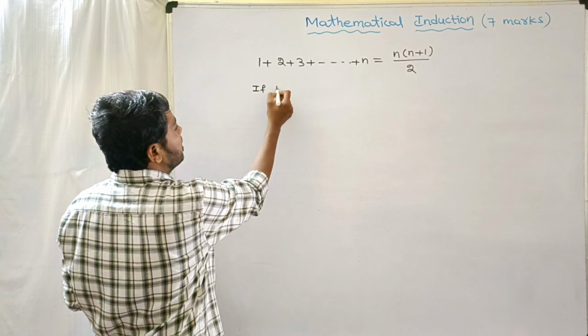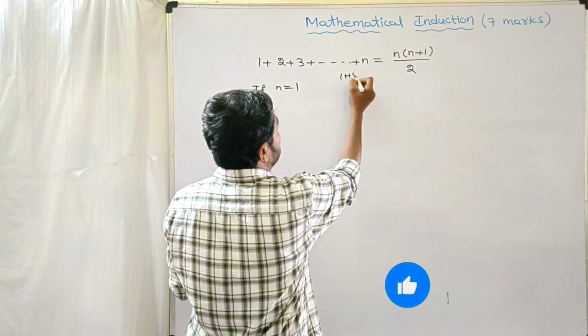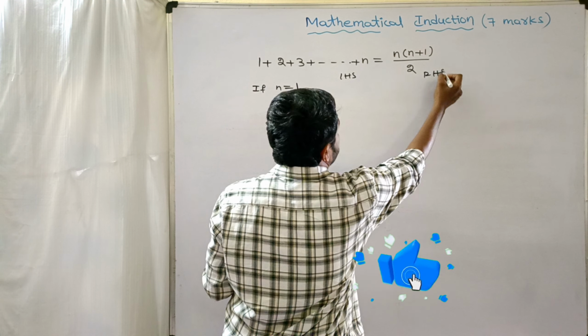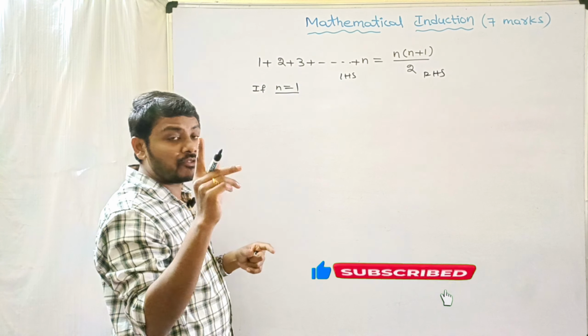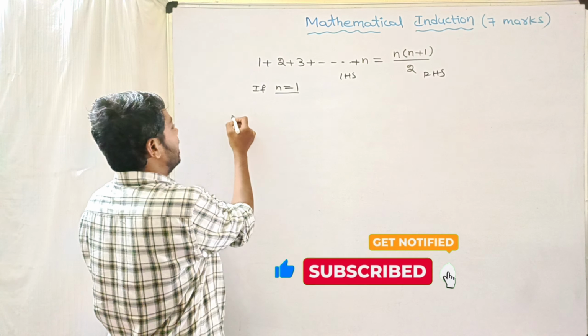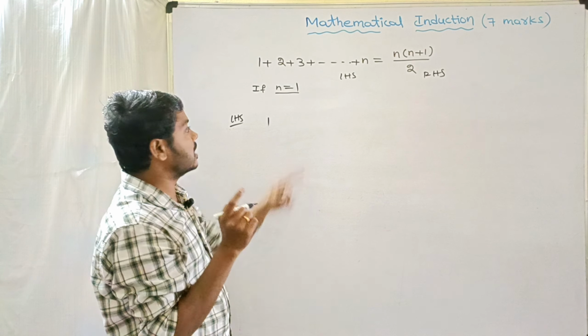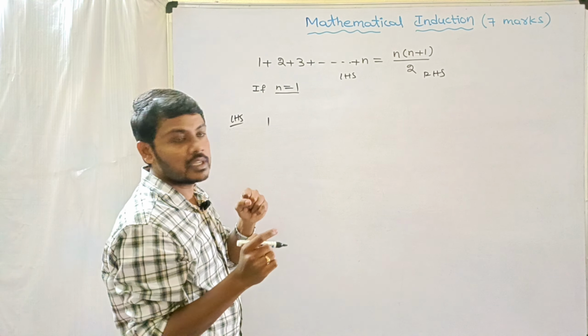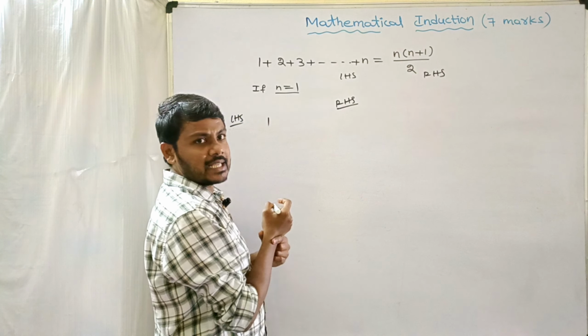If n is equal to 1, clearly this is the LHS and this is the RHS. N equal to 1 means the number of terms is 1. So for the LHS, we take only one term because n is 1. Next we consider the RHS. What is the RHS?